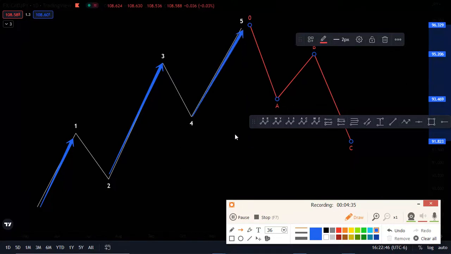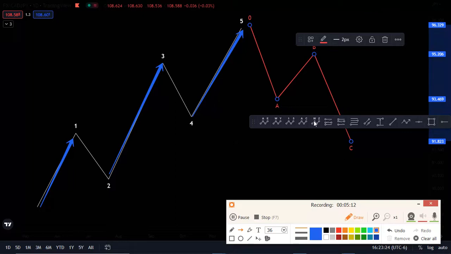And now the corrective mode is employed by all counter trend interruptions. If you've watched the previous video that we did, we talked about counter trend interruptions, or opposite waves, in the 5-wave structure. The counter trend waves I talked about were wave 2 and wave 4.